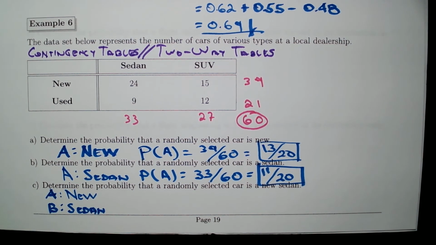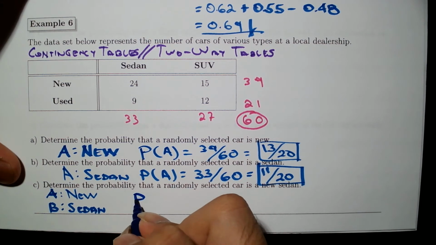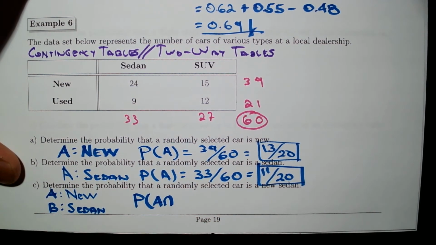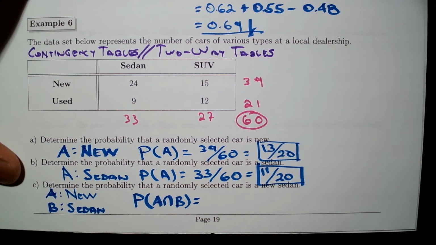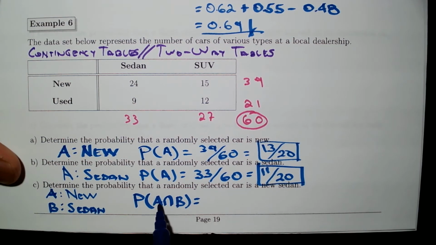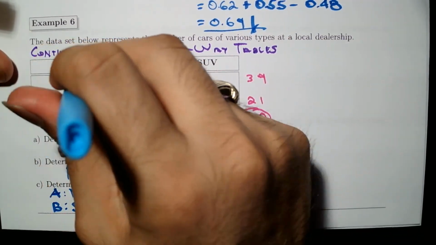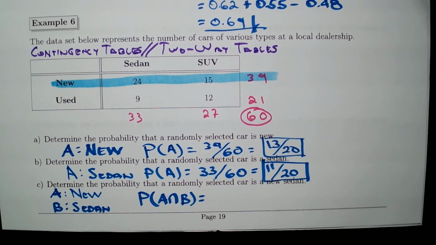This is how we solve this problem. The probability of A and B, and in this case it's an AND, not an OR like the other problems we have done earlier, equals the intersection between new and sedan.